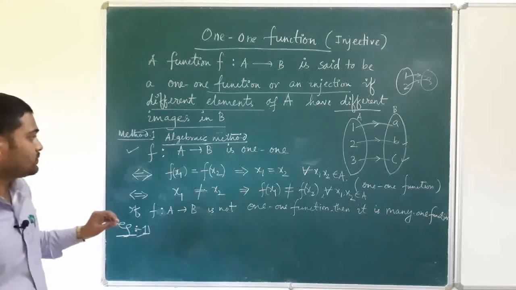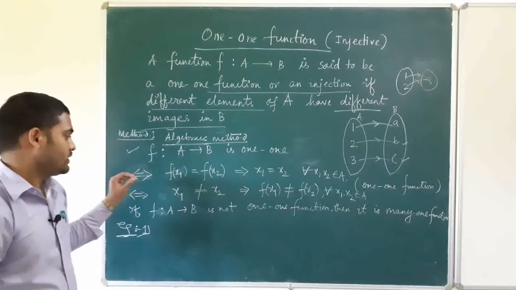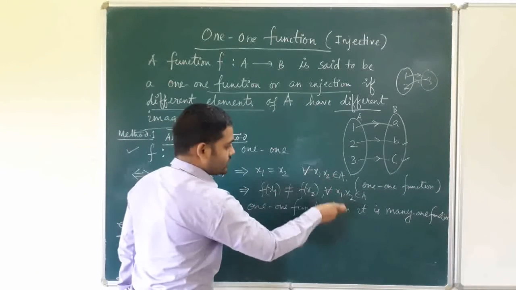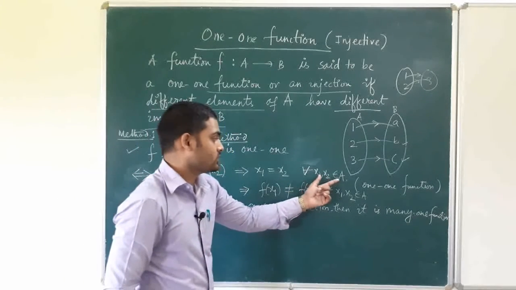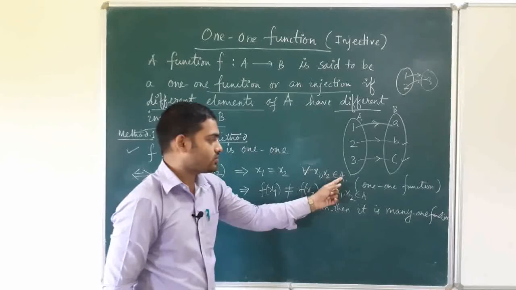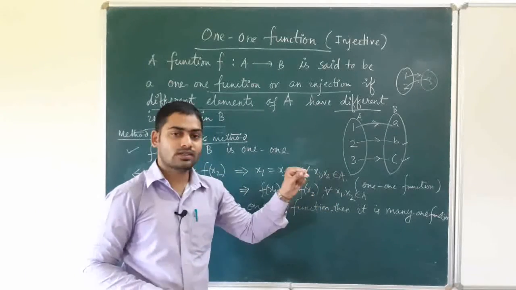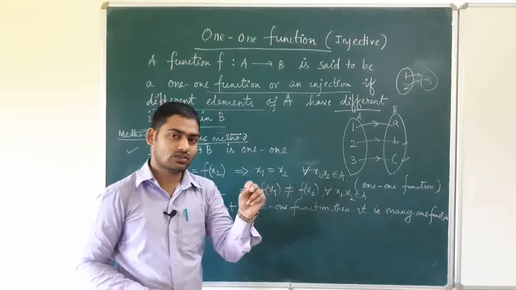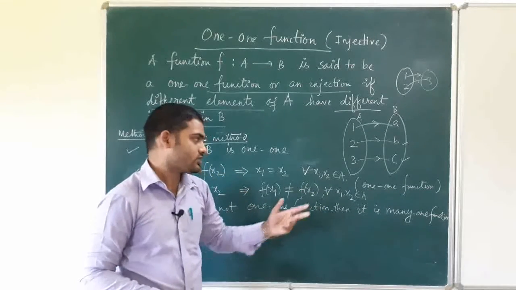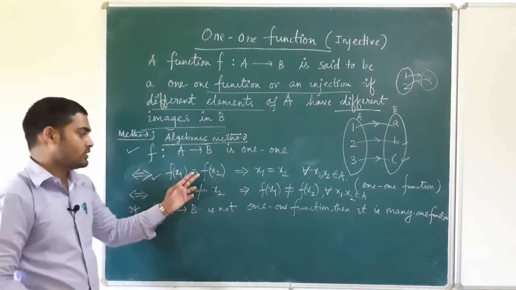A function f mapping from A to B is one-one if and only if, for any two elements x1 and x2 of set A, suppose x1 and x2 are elements of set A, then you take f of x1 is equal to f of x2.